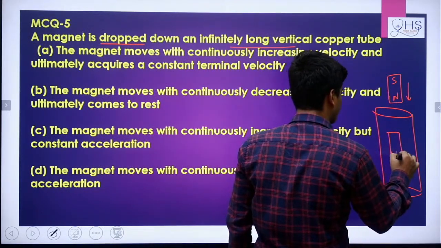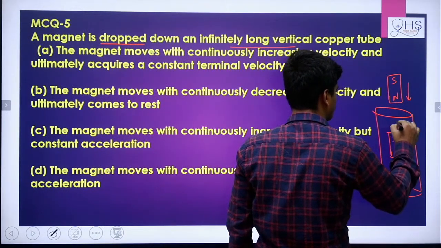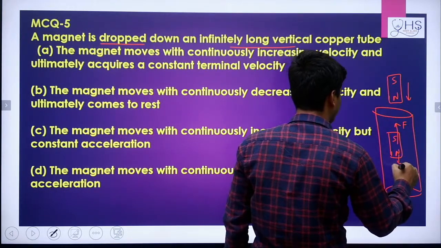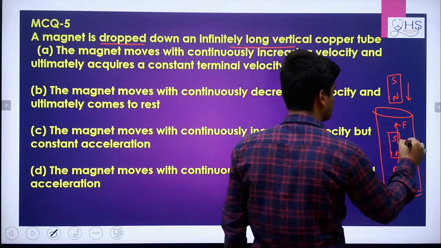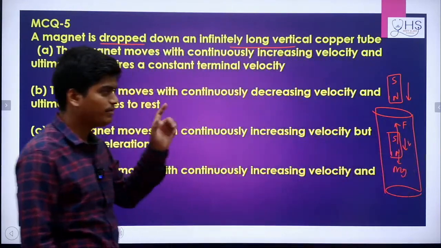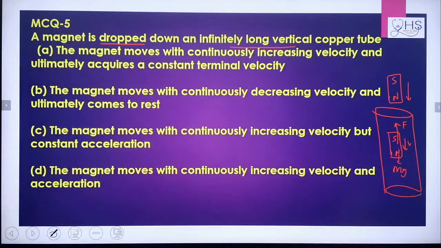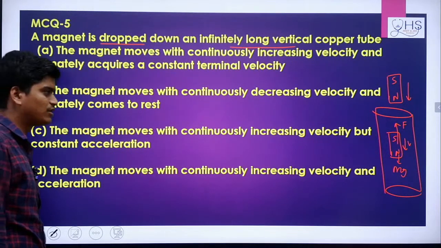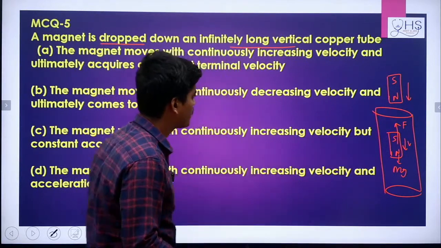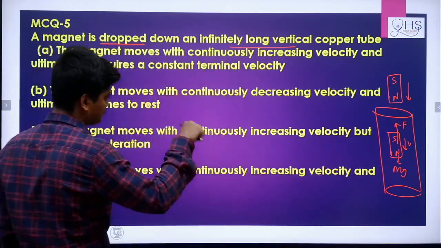After some time, one repulsive force acts upward and mg acts downward. They both balance, and the magnet moves with zero acceleration, that is, constant speed. This hollow cylindrical tube is a copper tube, and NS is a magnet.